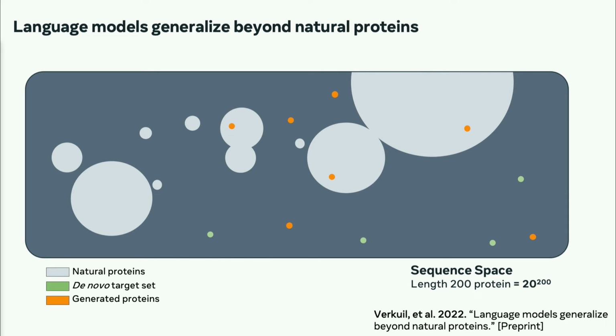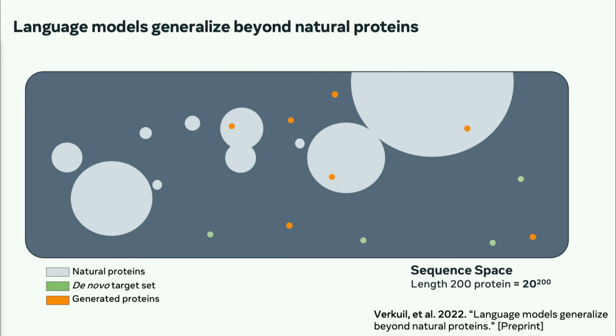And so one clear question that emerges when you think about that problem is, we've trained these models basically across all of evolution. And so to what extent can they generalize? To what extent can they go beyond the protein sequences that already exist in evolution that they've been trained on?